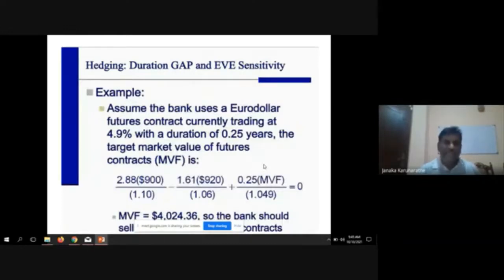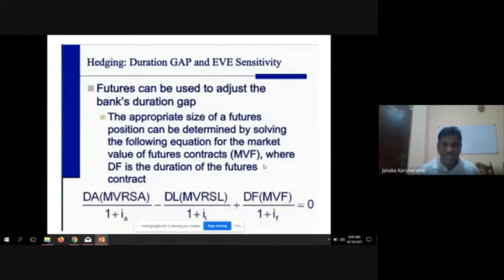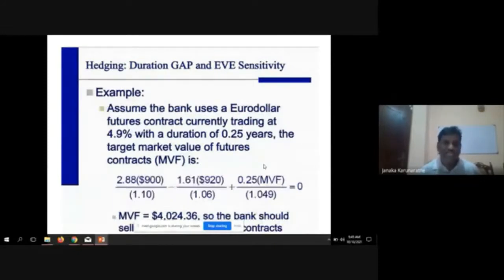So just an example: duration of assets equals 2.88, duration of liabilities equals 1.61, the market value of assets equals 900, and market value of liabilities equals 920. The current weighted average interest rate of rate sensitive assets is 1.1, and for rate sensitive liabilities the current weighted average yield is 6%.